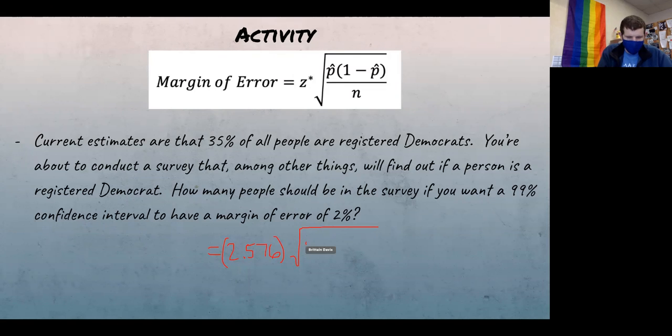I will plug that in, 0.35 and 1 minus 0.35. What else can we plug in? There you go, the margin of error. Where does that go? There it is, the left side. So we're going to plug in the margin of error also.